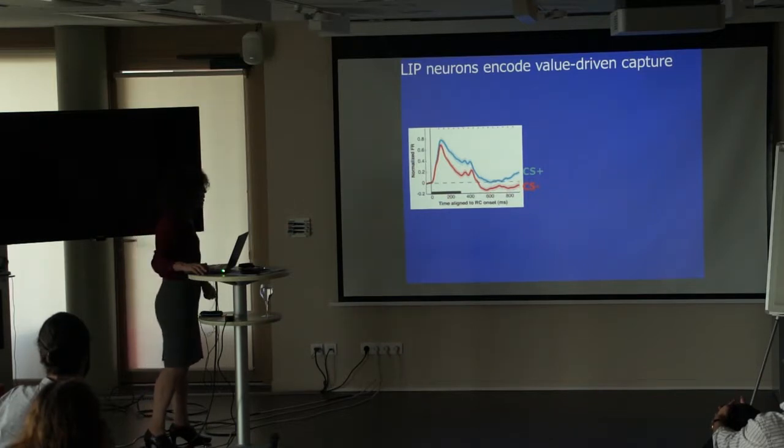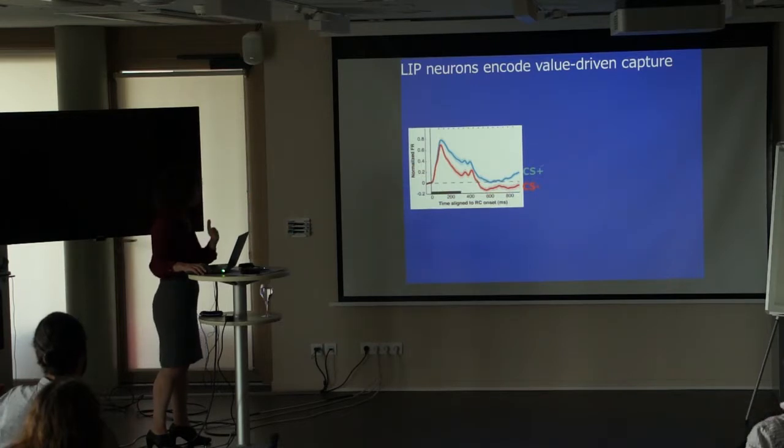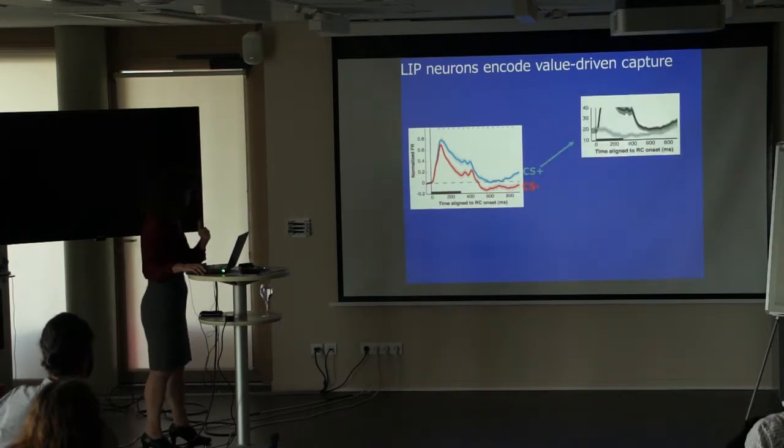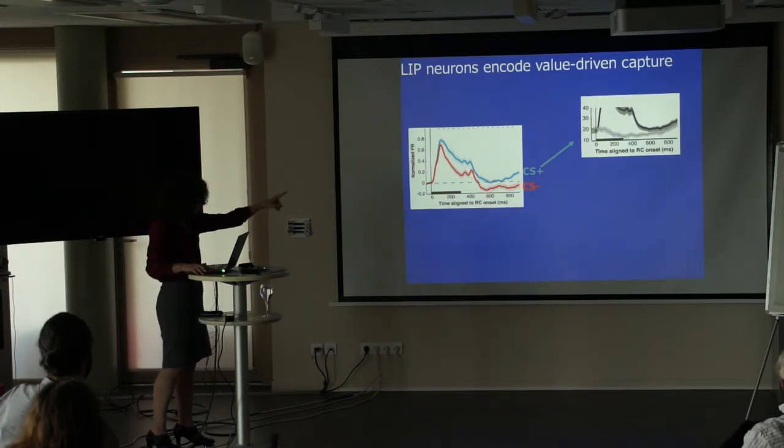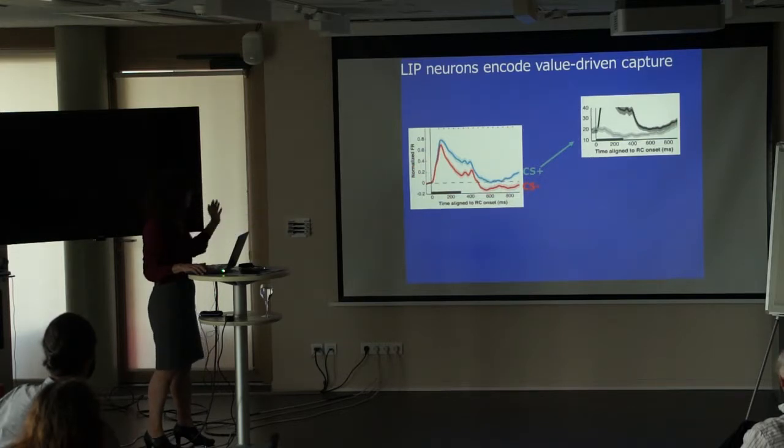And when you examine that sustained activity, it turns out that it is specific for the location of the stimulus, right? So if you look at the positive stimuli, and now the black trace in that inset is the same as the blue trace here, and the gray trace shows what happened if we put the cue outside of the receptive field, right?